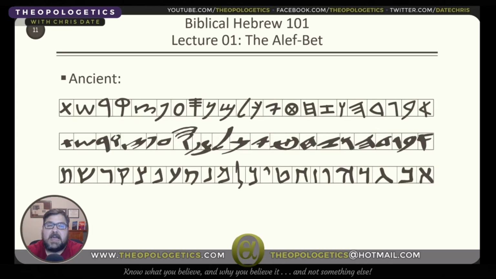Stretching back into ancient history, you will find that Hebrew was written in a number of different scripts, including the ones on your screen here. You do not need to memorize these or the handwritten ones on the previous slide in order to do well in biblical studies if you're trying to develop a mastery of biblical Hebrew.